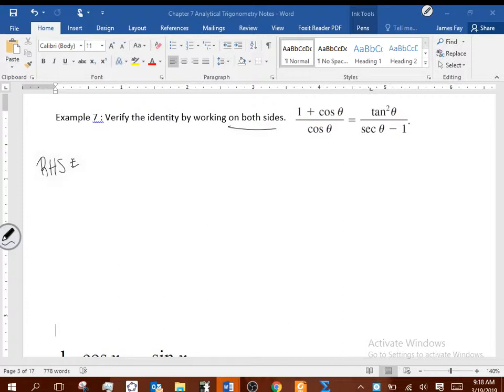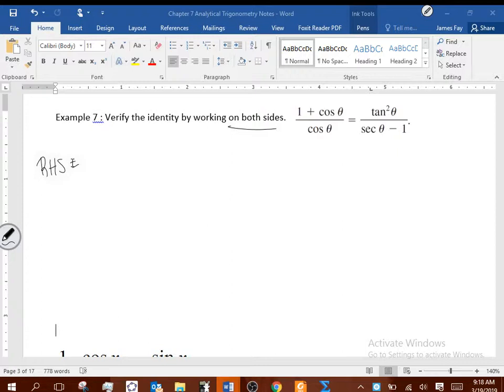Obviously, tangent squared could be rewritten as sine squared over cosine squared, right? That is an option that I'm going to put on the back burner, and we'll do that later. I see that tangent squared is there, and it's in the same fraction as secant minus 1.